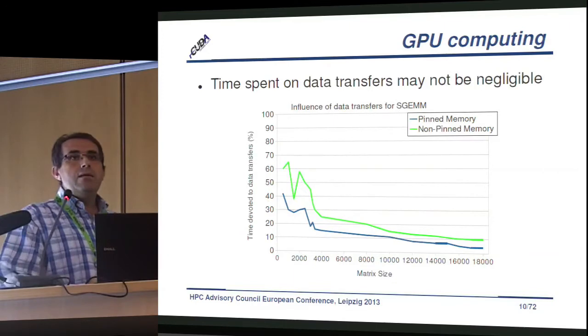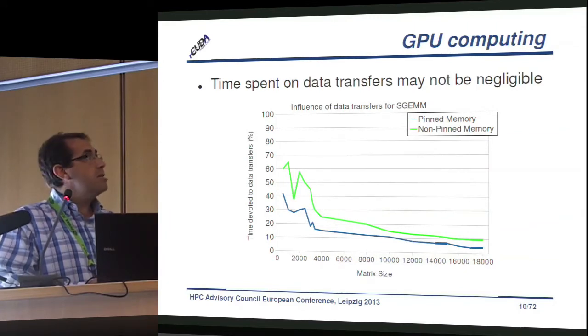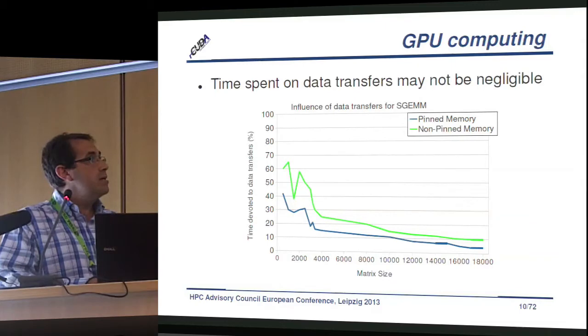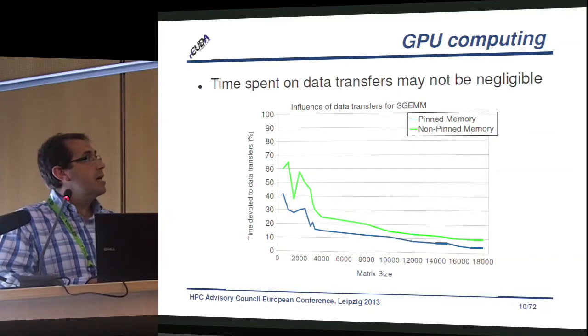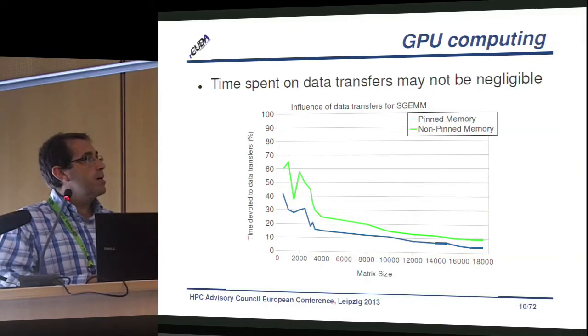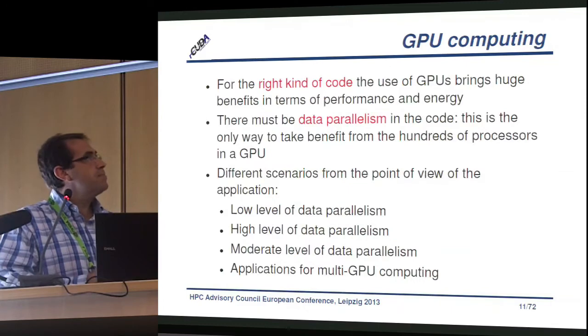These memory copies are an overhead for the operation, and here you can see the influence of data transfer for a simple test that is a matrix multiplication. When we have small operations to do in the GPU, this memory transfer has a high overhead over the time, while when we have a lot of work to do in the GPU, this overhead is very low compared with the computation.